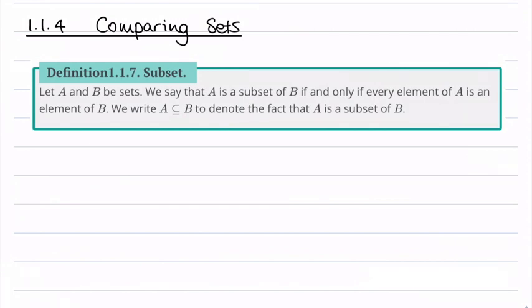It's worth taking a moment to think about what this if and only if means. It's a shorthand that mathematicians use, and really what they're saying is there are two statements that have to be true for A to be a subset.